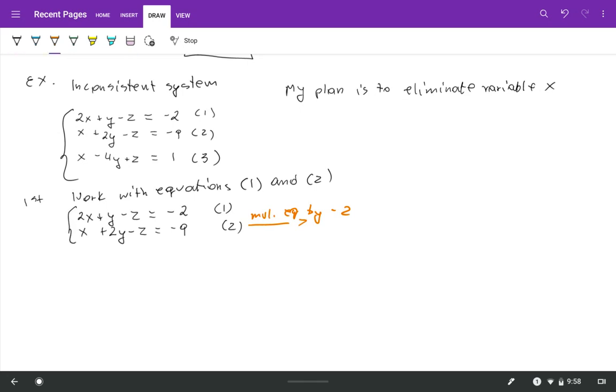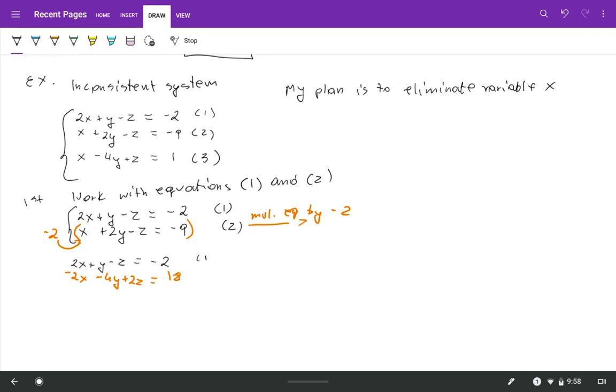So we multiply equation 2 by negative 2, the left and right side. Equation 1 stays without change, which is 2x plus y minus z equal negative 2. Equation 2 will be negative 2x, negative 4y plus 2z equal 18.